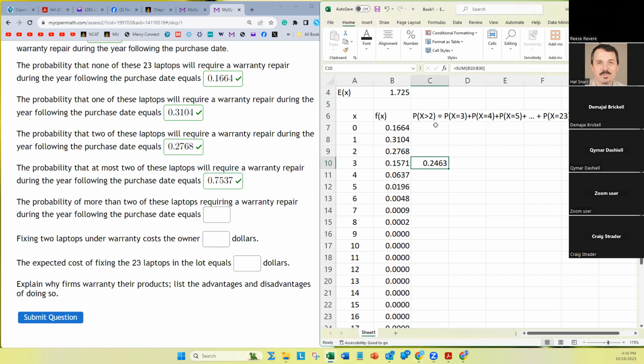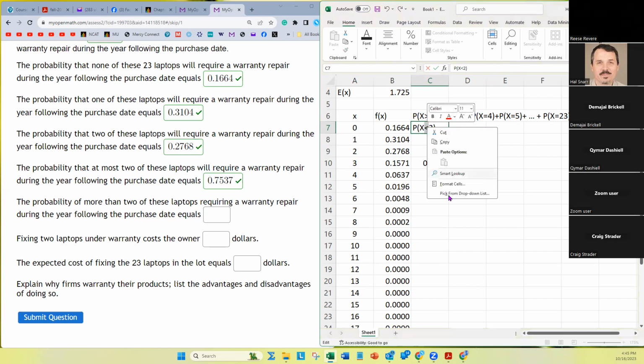They add up to 1 because this right here, x greater than 2, what's the complement of x greater than 2? Less than 2. Well, less than or equal to 2, right?